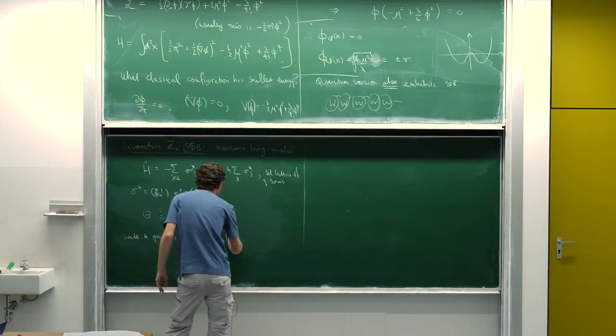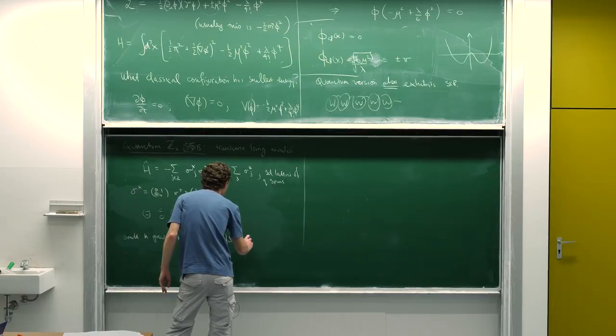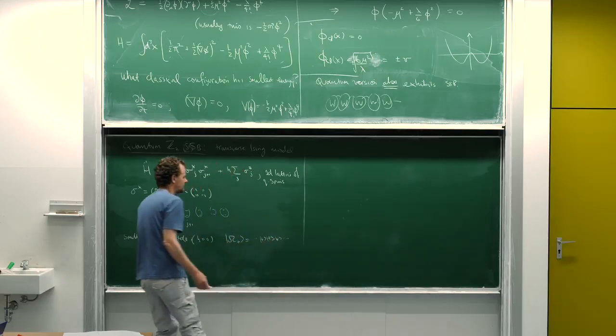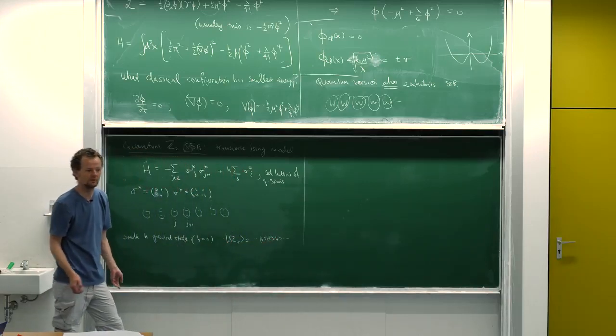There's omega plus, which is just the so-called plus state, the tensor product of the plus state over all the spins.